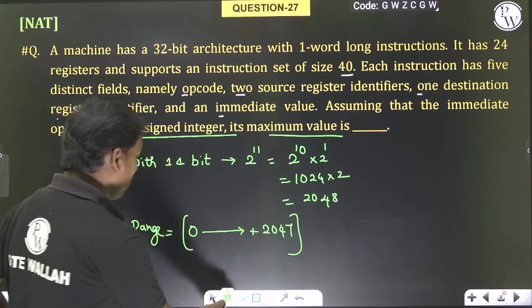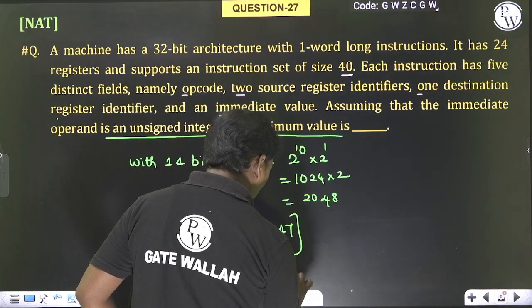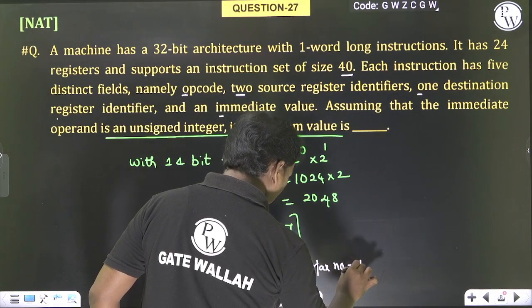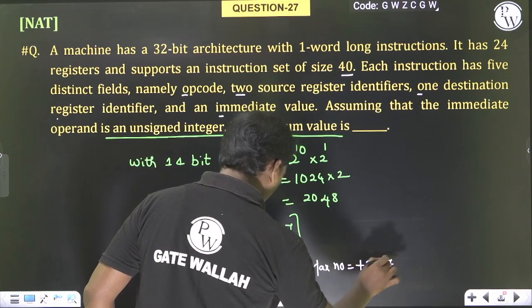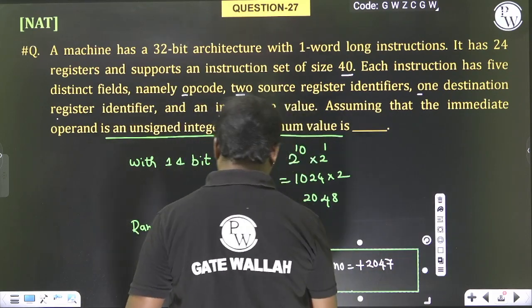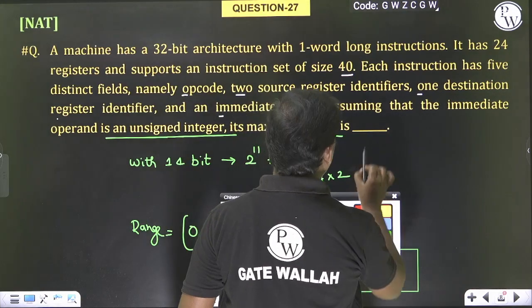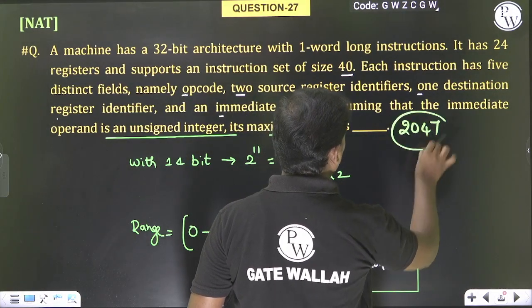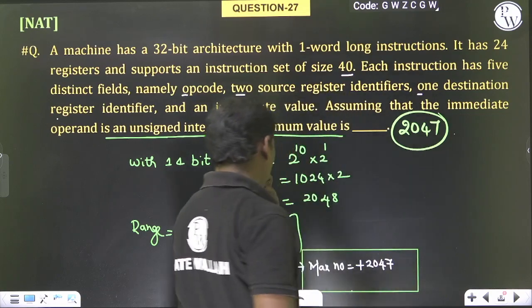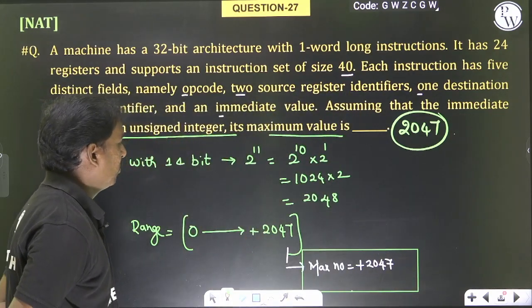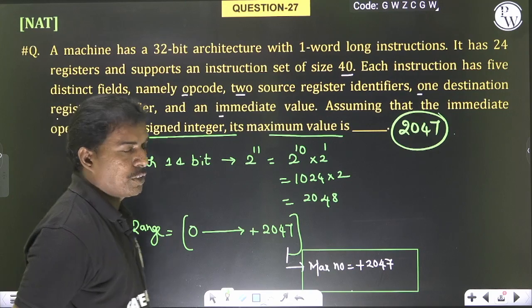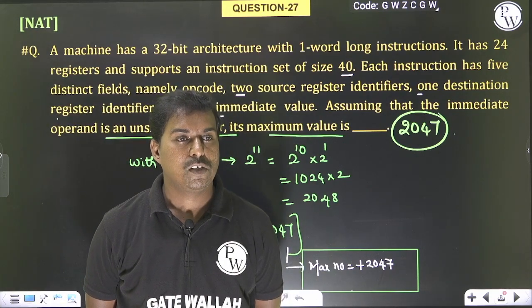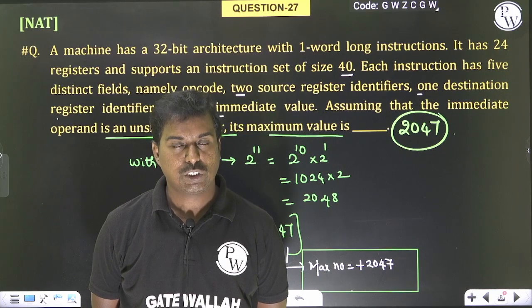So the maximum number is 2047. So for this question, the right answer is 2047. That's it. That is the question that came from COA.